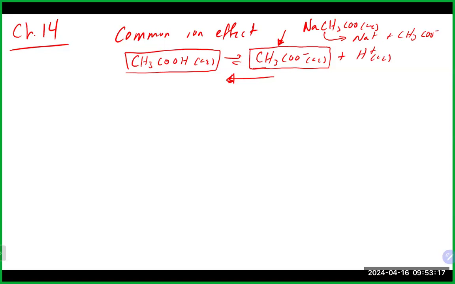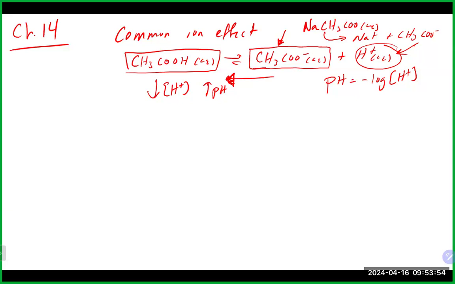The result of that in terms of pH, as we talked about, is obviously our H plus concentration over here on the right-hand side. And since pH is equal to the negative log of the H plus concentration, by shifting the equilibrium away from the H plus side, the concentration of H plus will go down, and we will see the pH of that solution be higher in comparison to the weak acid by itself or the weak base by itself.